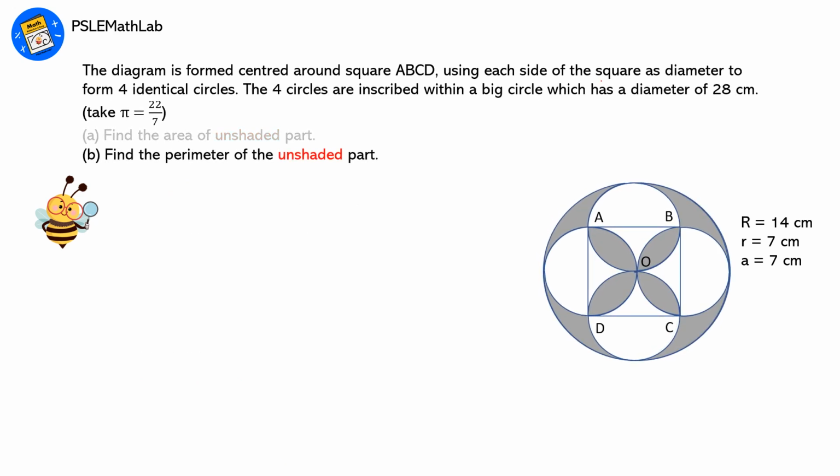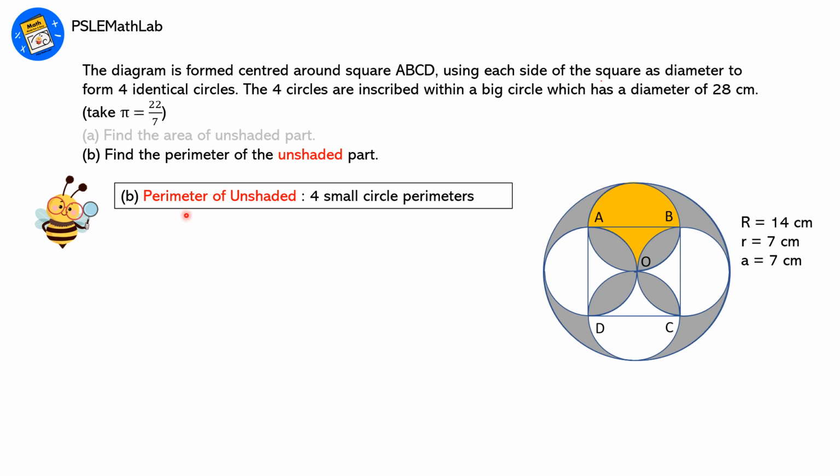So moving on to question B, we're asked to find the perimeter of the unshaded area. Zooming into the highlighted unshaded part, we see that AB forms half the perimeter of the small circle, while AO and BO each form 1/4 of the perimeter of the other identical small circle. So together, the perimeter of the highlighted unshaded part is the same as the perimeter of one small circle.